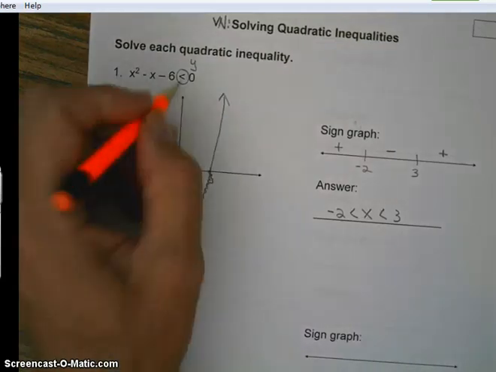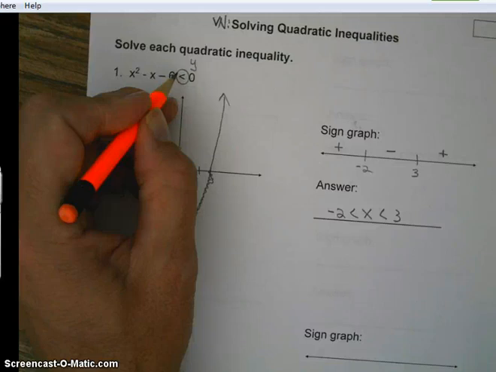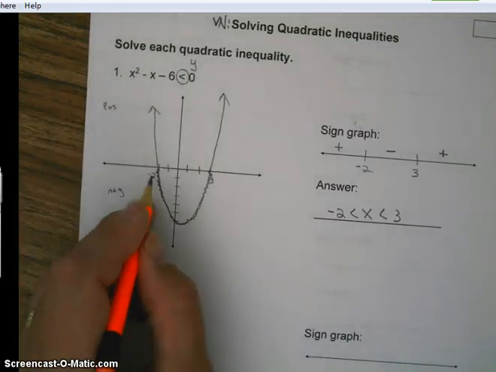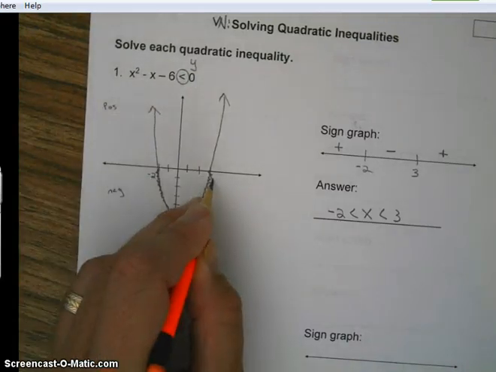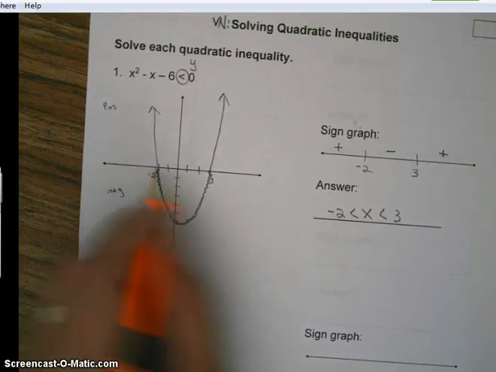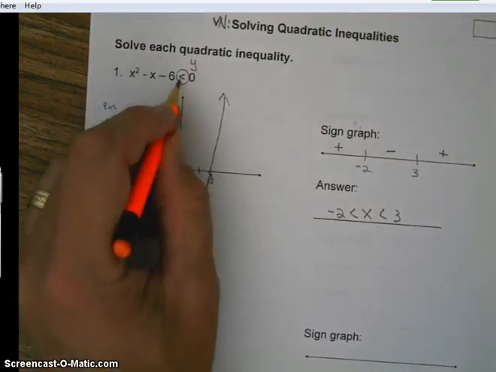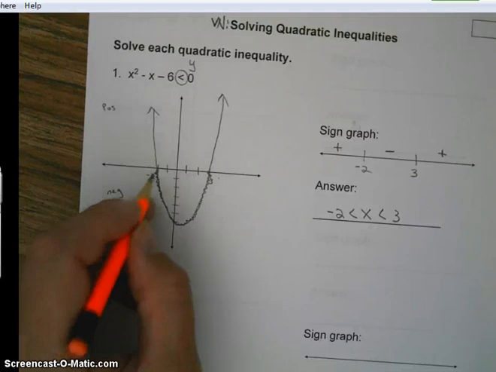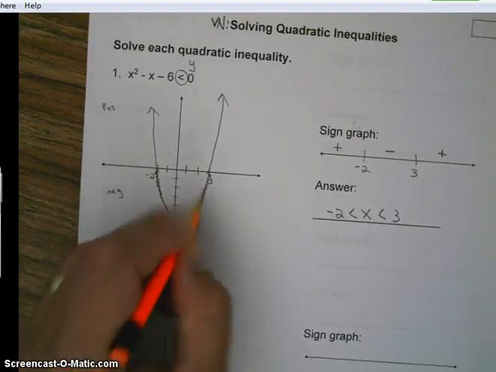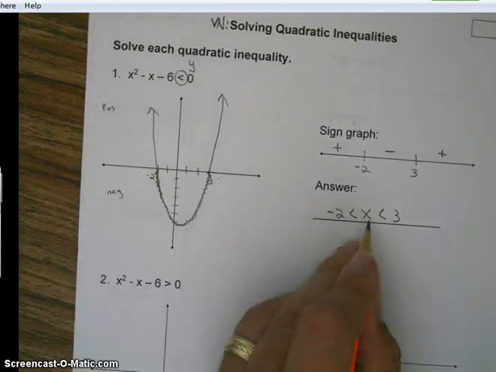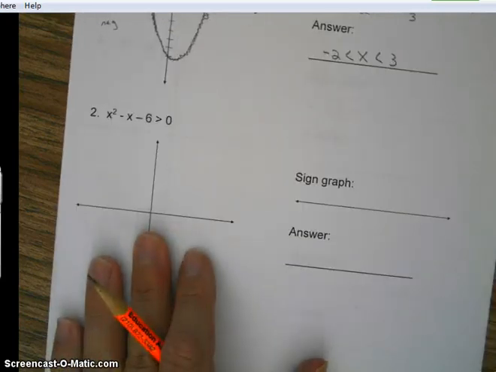Now, if this was an equal sign, the solutions would be negative 2 and 3. But it's not an equal sign. It's a less than. So only the values between negative 2 and 3. Between.